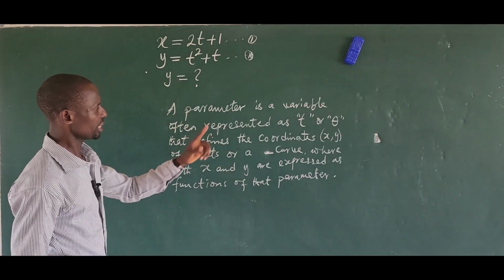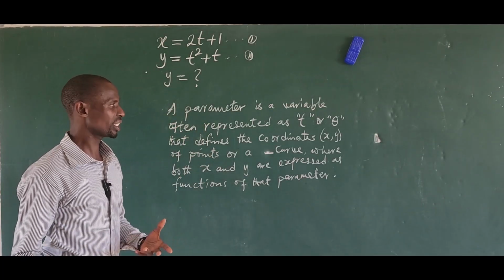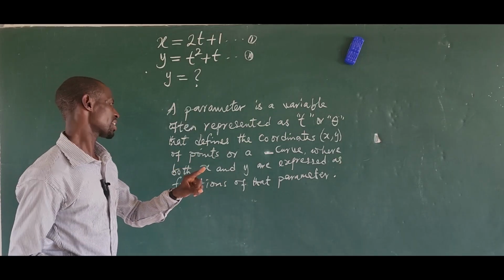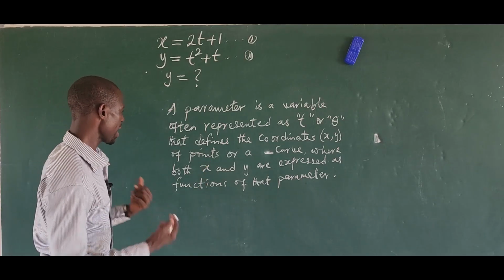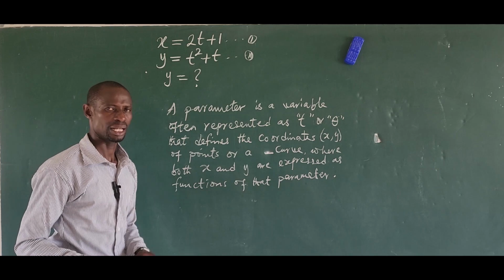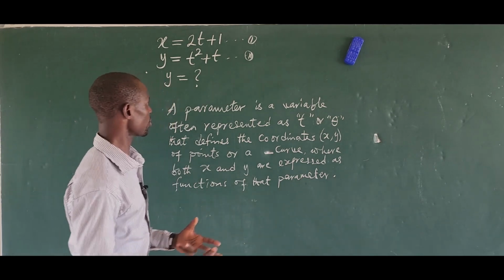A parameter is a variable often represented as t or theta that defines the coordinates x and y of points on a curve where both x and y are expressed as functions of that parameter.